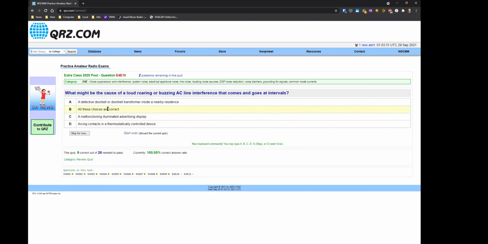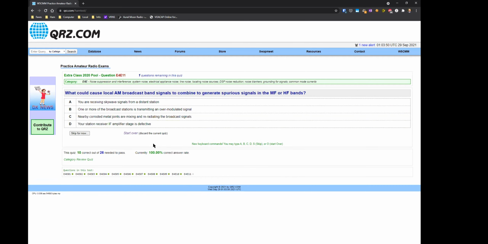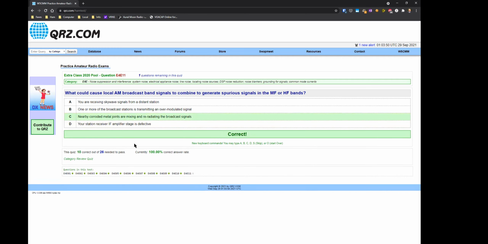A. All the above. B. What could cause local AM broadcast band signals to combine to generate spurious signals in the MF or HF bands? That's C. Yeah, that's going to be C. The corroded joints start to act like diodes.